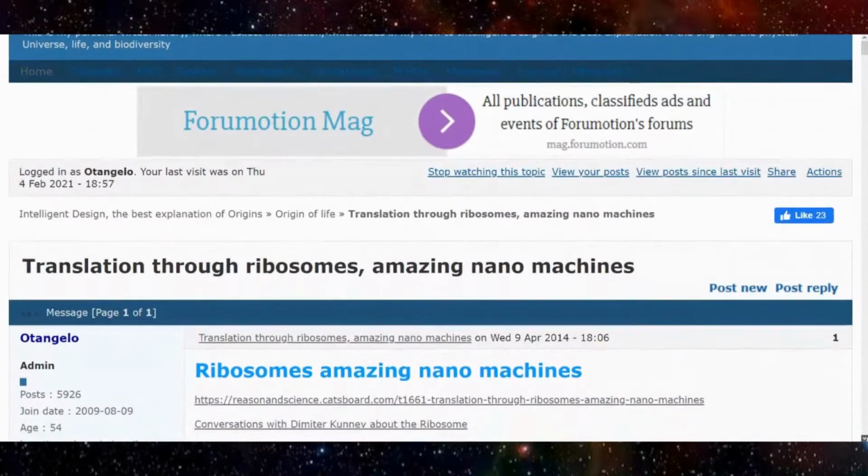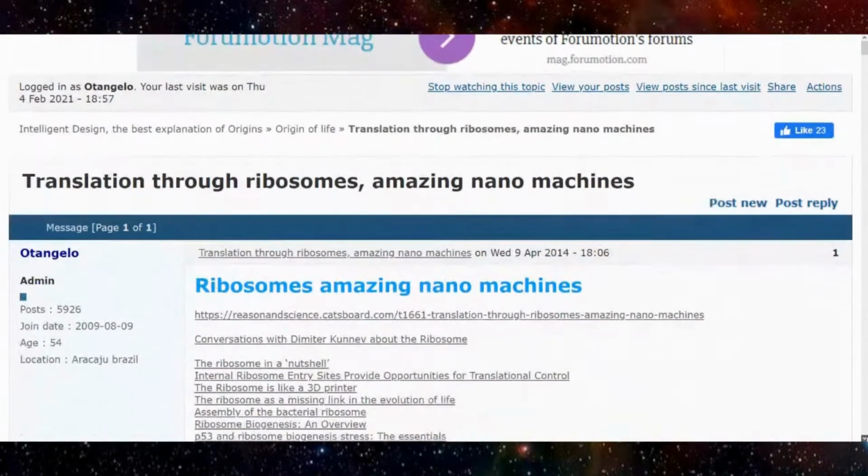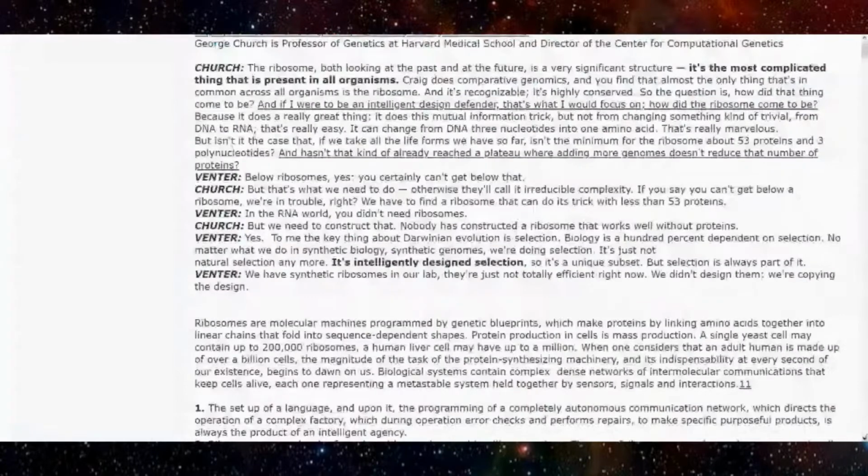Church: The ribosome, both looking at the past and at the future, is a very significant structure. It's the most complicated thing that is present in all organisms. Craig does comparative genomics, and you find that almost the only thing that's in common across all organisms is the ribosome. And it's recognizable. It's highly conserved.